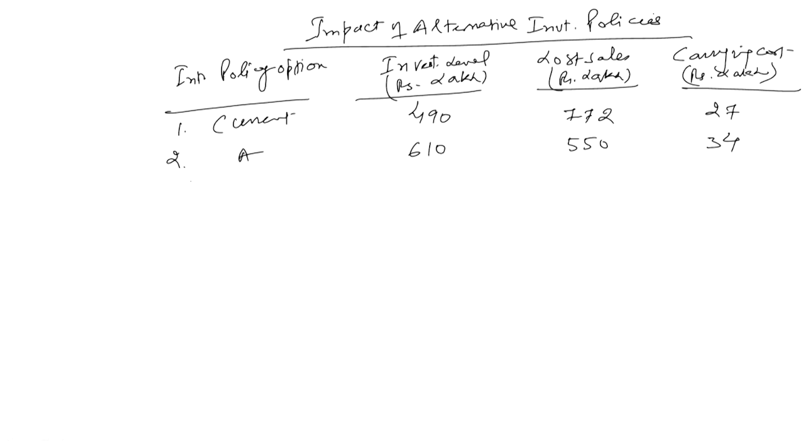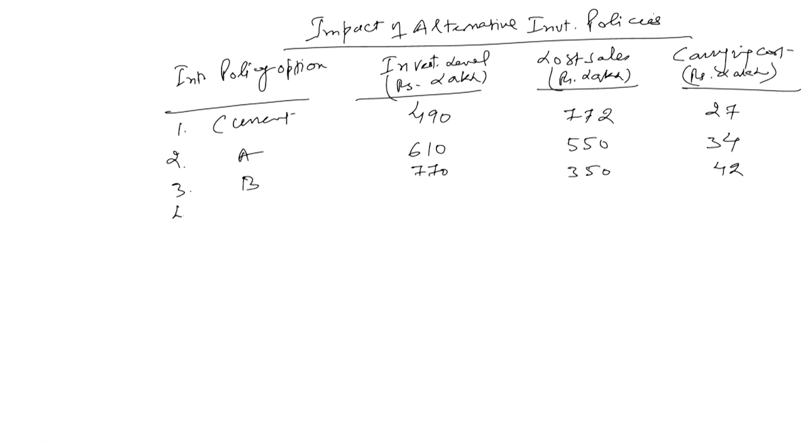Then in the third case, policy B, the inventory investment will become 770 lakhs, and lost sales will seriously come down to 350 lakhs, but the carrying cost will go up to 42 lakhs.